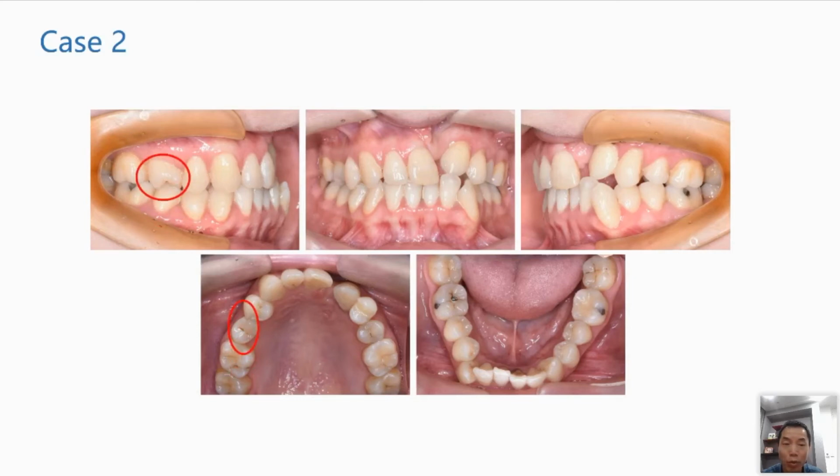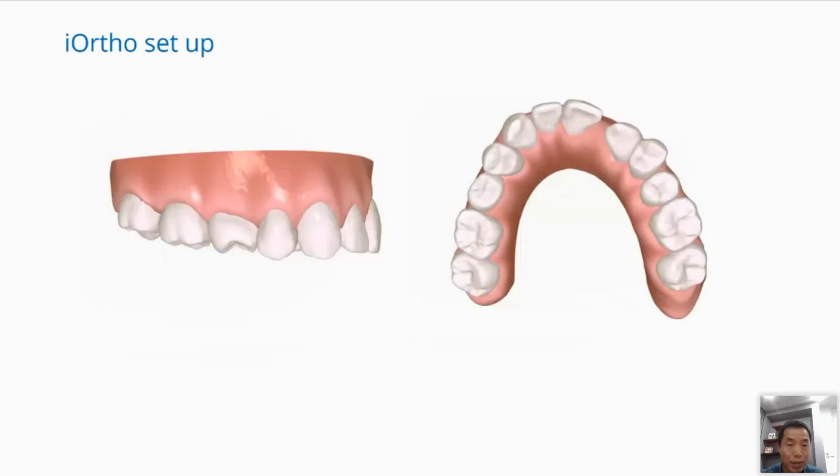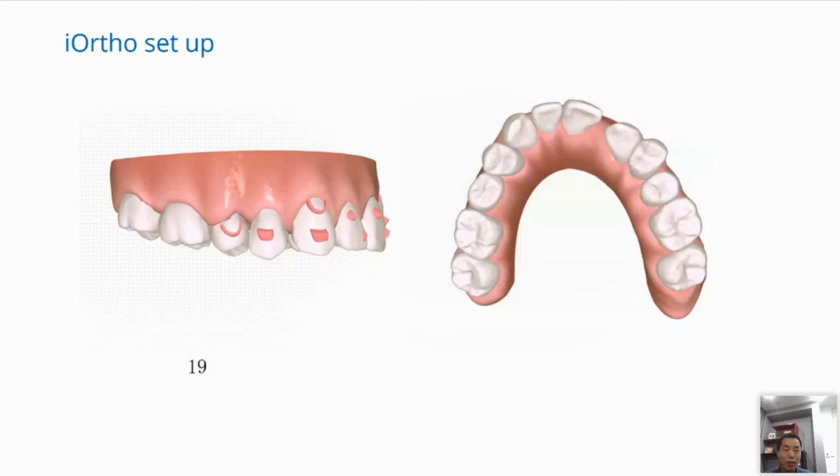So the treatment goal is to just rotate the tooth clockwise. Let's see, I also set up the cutout, and with the rotation progress, we change the place of the cutout, change the button.